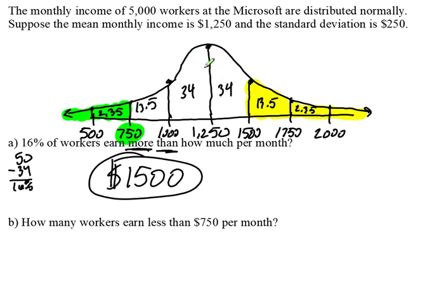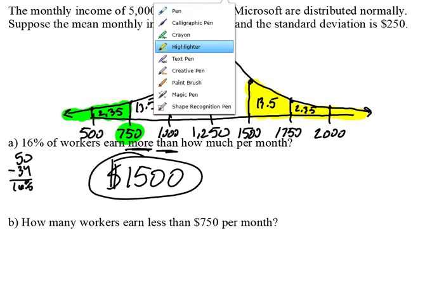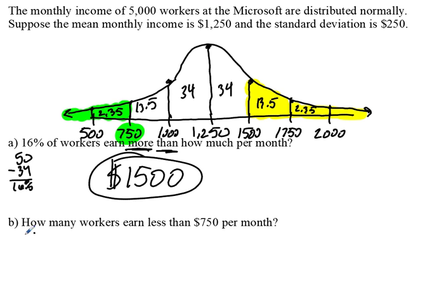Well, it does not include the 13.5 or the 34 from half of the curve. So I'm going to take my 50%. I'm going to subtract 13.5 and 2.35 to get the percentage of workers that earn less than $750.